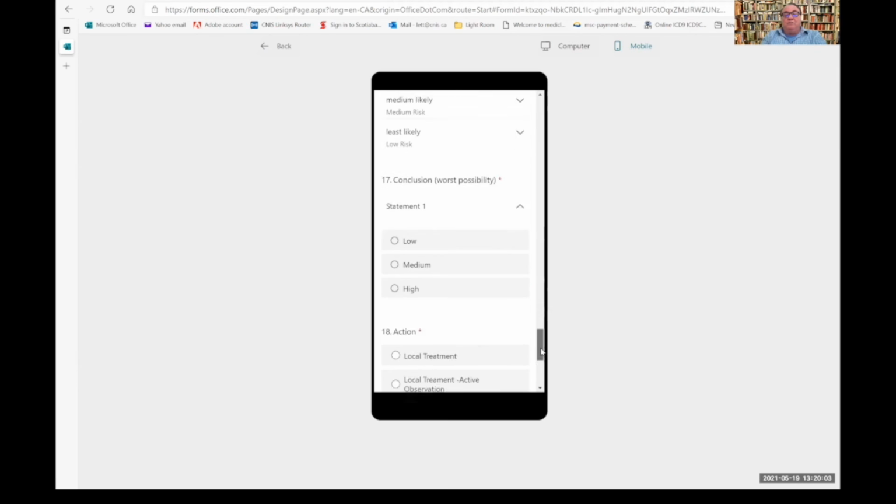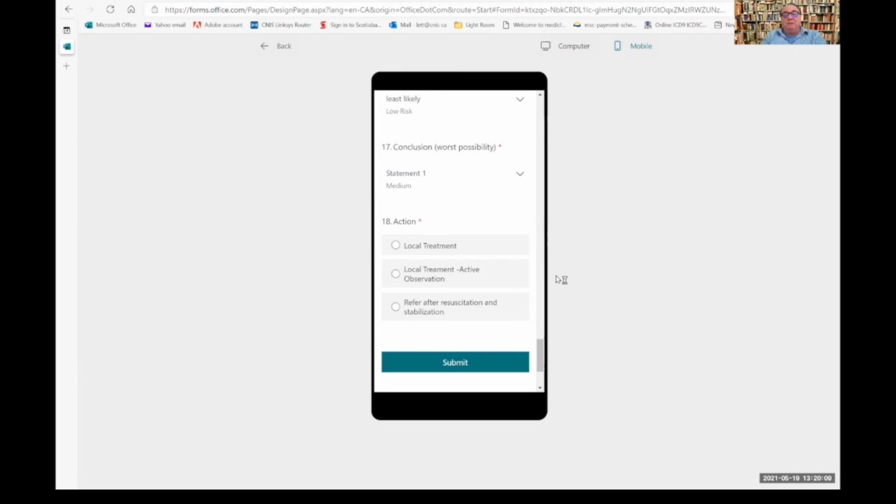So what's the worst of these? We had 2 medium risks, 1 low risk. So overall, it's a medium risk patient. The action we take is based on its worst case possibility. That means we give the patient local treatment. And if it works well, we continue. And if it doesn't work well, we refer.